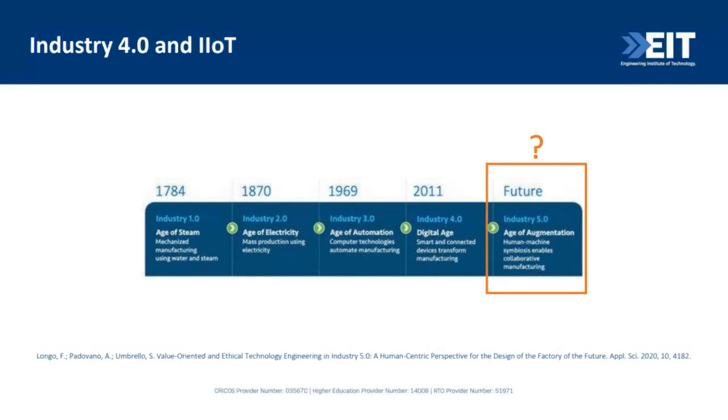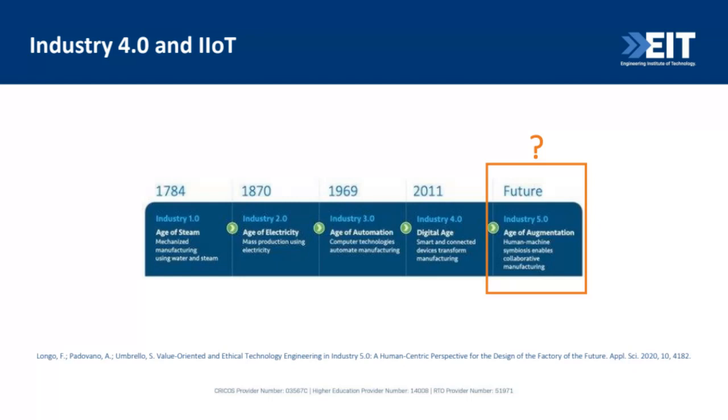So Industry 4.0 ultimately is the fourth revolution in the industrial progression. If you start with Industry 1.0, that was more than 200 years back, about 1784, that was because of, well, excuse me, the revolution that came in agricultural production due to the invention of steam engines.